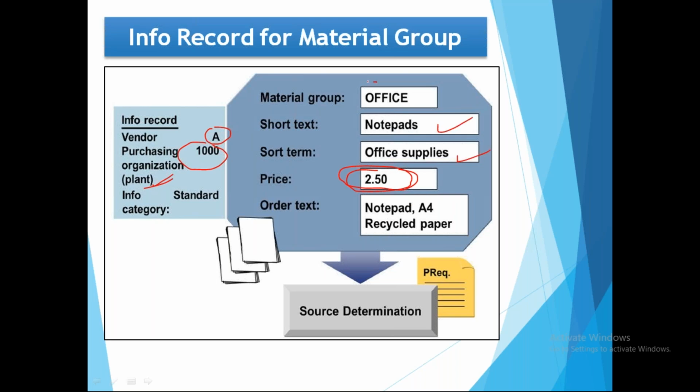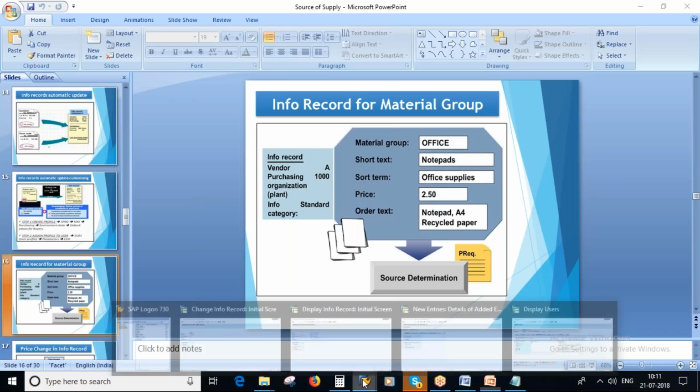Let's say your office materials, papers, notebooks or something, the price always remains the same. So instead of maintaining an info record for each material separately, you can maintain an info record for a material group also. I'll show you a material group.